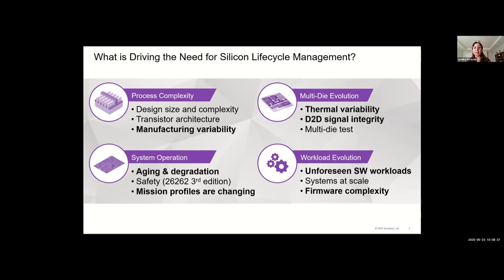New use cases, moving into robotaxi with the AI training workloads, challenging our systems even more. And the uncertainty that we have with respect to the workload evolution and having the representative test vectors in order to be able to stress our systems before we deploy them in the field.